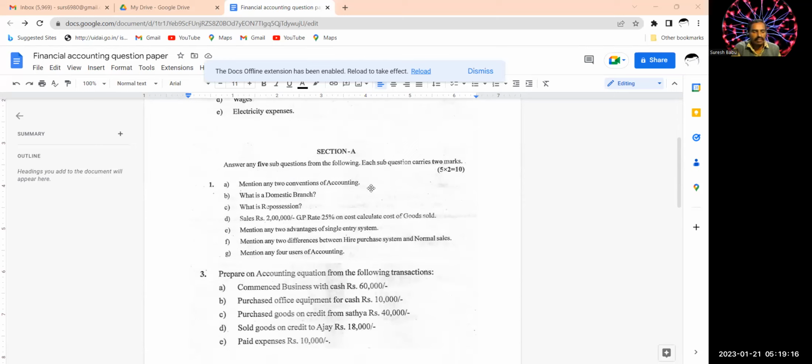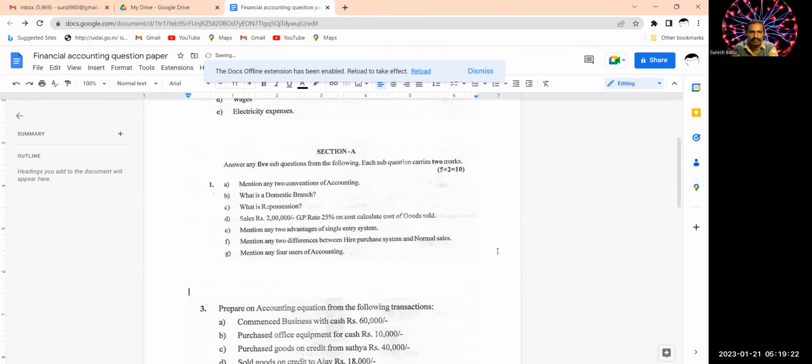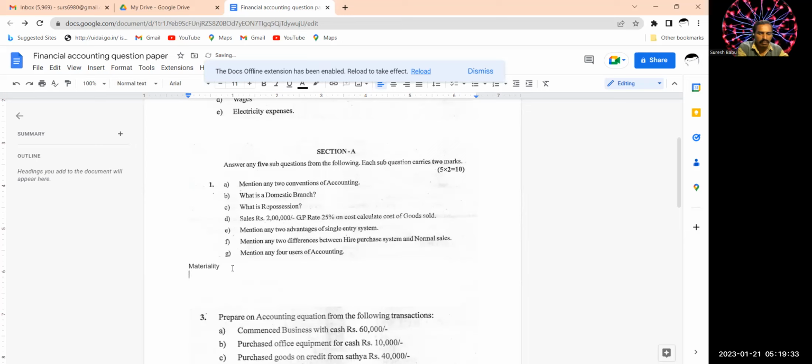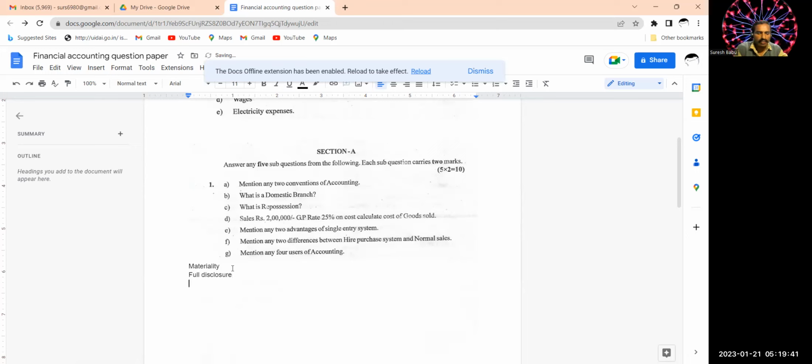For example, there are 4 conventions. What are those conventions? The convention of materiality, the convention of full disclosure, convention of consistency.